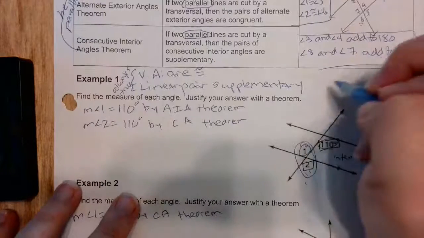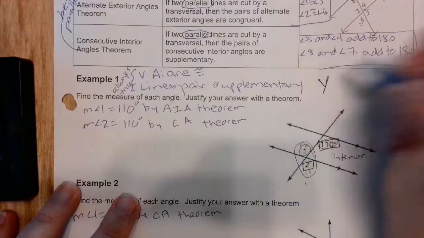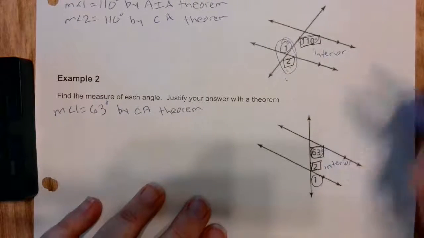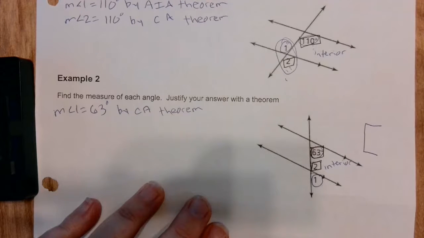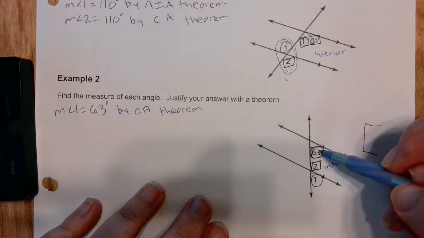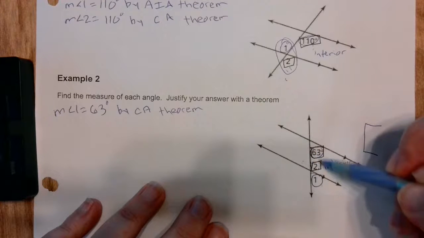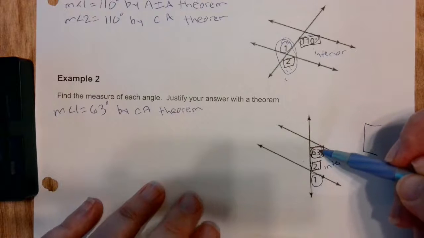Remember, a linear pair is when they're making a Y. These don't really make a Y. They make more like this shape. That's not a Y. They are not alternate because they're both on the right side of the transversal.